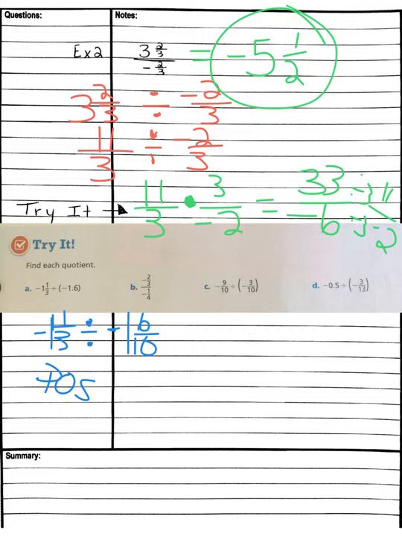Let's look at part B. We have a negative 2/3 divided by a negative 1/4. Same signs, so a positive answer, nothing to change there. They're pretty fractions. The next one is the same. We've got a negative and a negative, so we know we will have a positive answer.